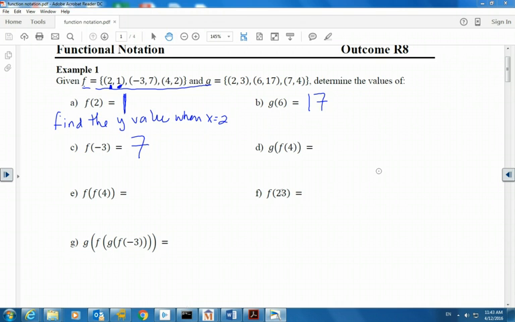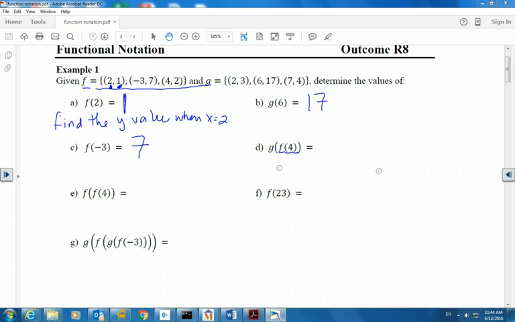And, ooh, this one's interesting. g of f of 4 is equal to, okay, so how are we going to deal with this? It's the exact same way as brackets, right? When you're working with brackets in order of operations, you start at the innermost bracket, and then you work your way out. So we need to figure out f of 4 first. So what is f of 4? This is equal to 2.